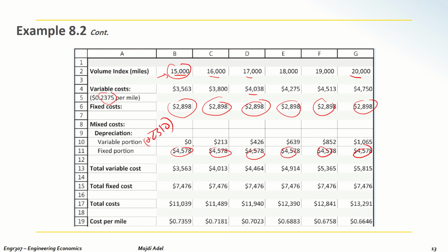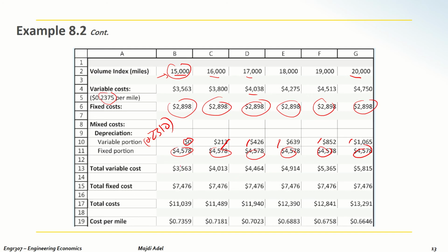So at 15,000, the variable portion is 0. For the next 1,000 miles, it's going to be 0.231 multiplied by 1,000 miles. For an extra 2,000 miles, 0.231 multiplied by 2,000, then by 3,000, by 4,000, by 5,000 miles.